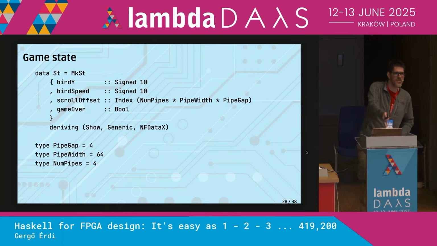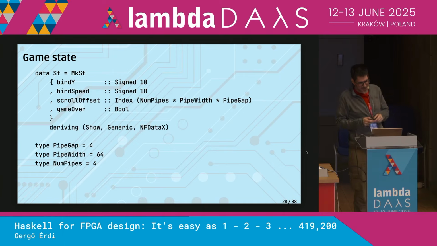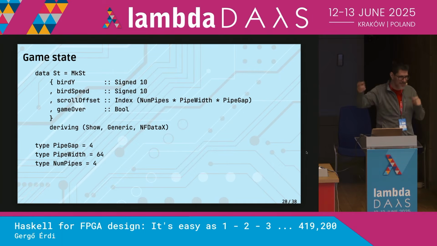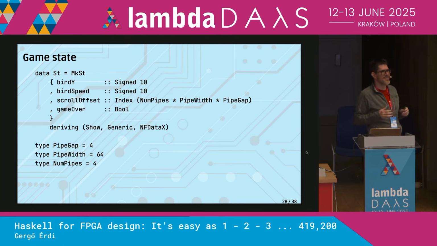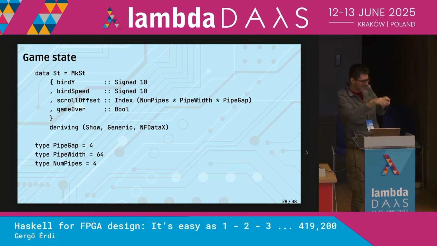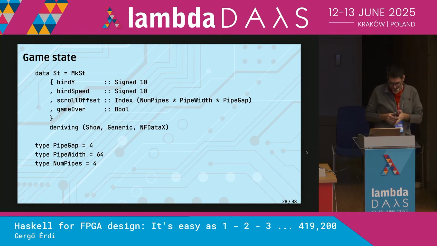You'll notice that we use signed 10, which is a 10-bit signed number, and we use index, some type-level computation. So we always use the right sizes, because we don't want to be wasteful. If you use something that is 64-bit because you just use int, that means it's going to use 64 wires and 64-wide lookup tables. So it's wasteful.